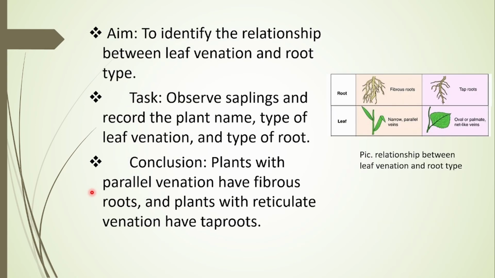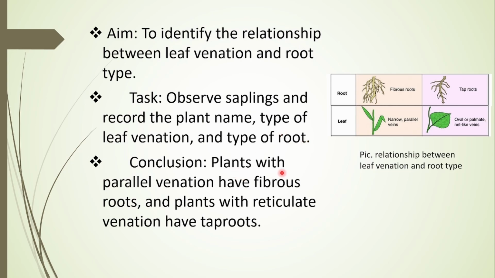Then next is the experiment. In this, we identify the relationship between leaf venation and root system. Earlier we have discussed the observation: collect saplings and record the plant name, type of leaf venation and type of root.